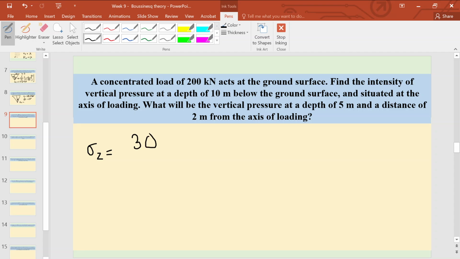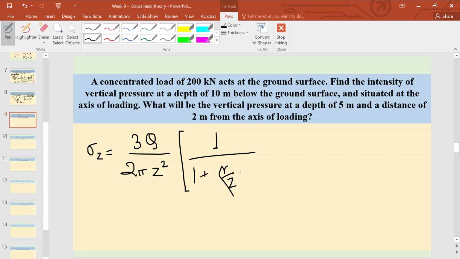What is the formula? Just tell me the formula. I used the Boussinesq formula. So I am using the Boussinesq formula right now. Yes, using this formula. Okay, you do it. I am also doing it. We'll solve it together. So the main formula is 3q by 2 pi z square, into 1 divided by 1 plus (r by z) whole square, whole to the power 5 by 2.